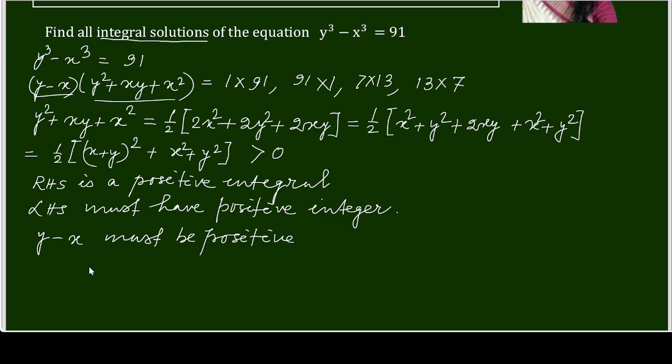So we'll take all the positive factors of 91: 91 equals 1 into 91, 91 into 1, 13 into 7, and 7 into 13.